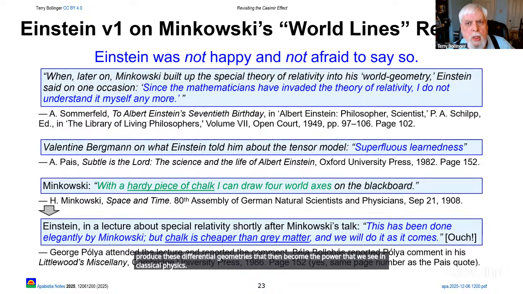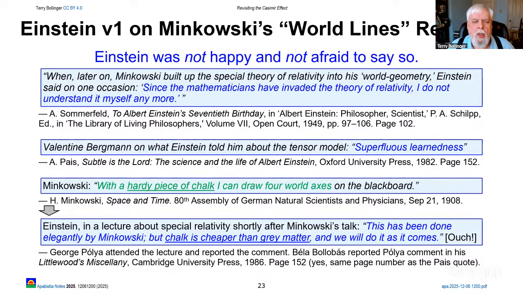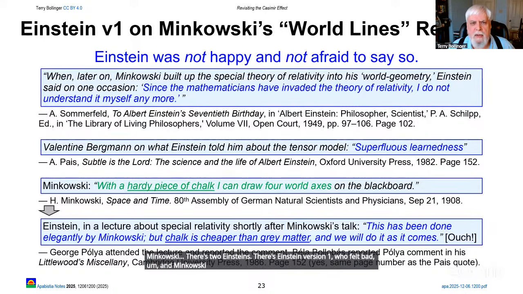Minkowski, there's two Einsteins. There's Einstein version one who felt bad. Minkowski unfortunately died very abruptly of appendicitis, and Einstein felt terrible about it. One of the reasons why Einstein felt terrible about it was that he had said some pretty blunt things about Minkowski.